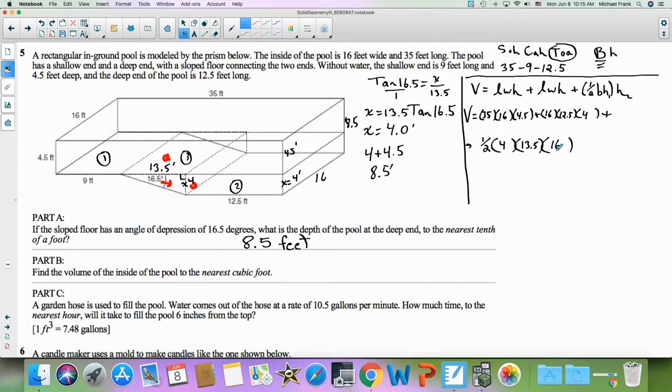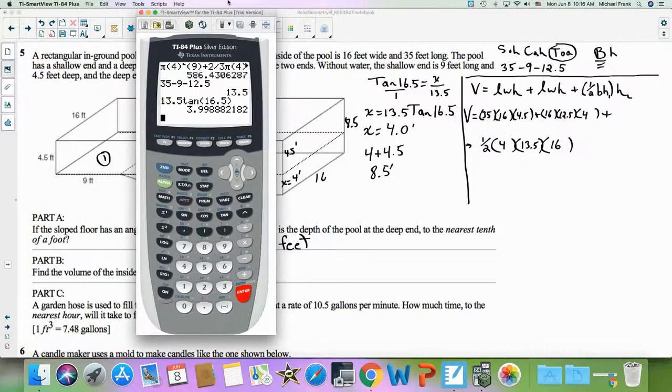Wow. All right, look at all that. So we've done it. We've gotten all the numbers we've needed. So now we're going to put this in here and see what we get.